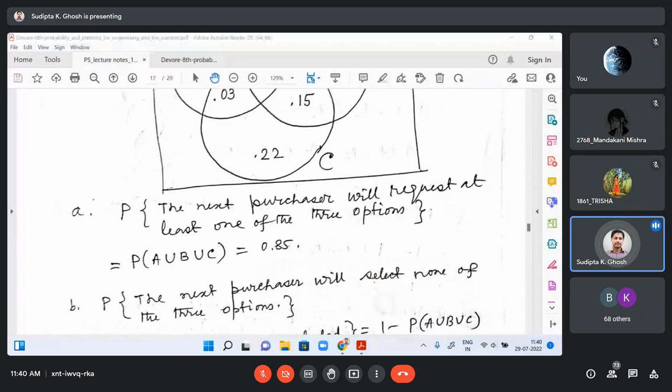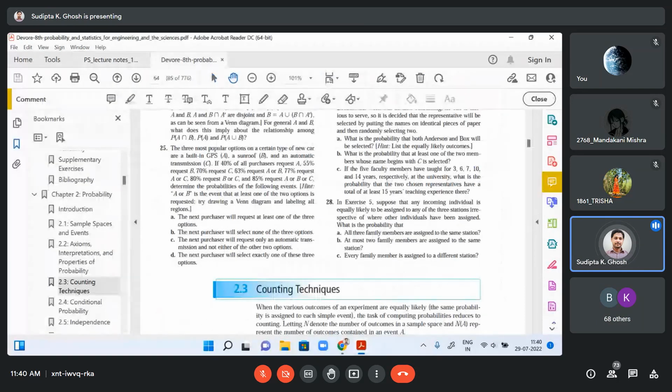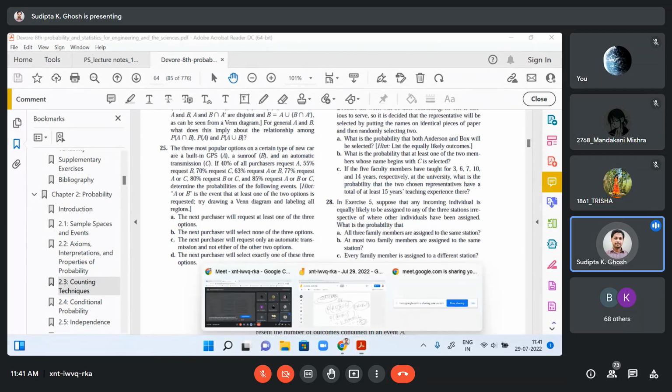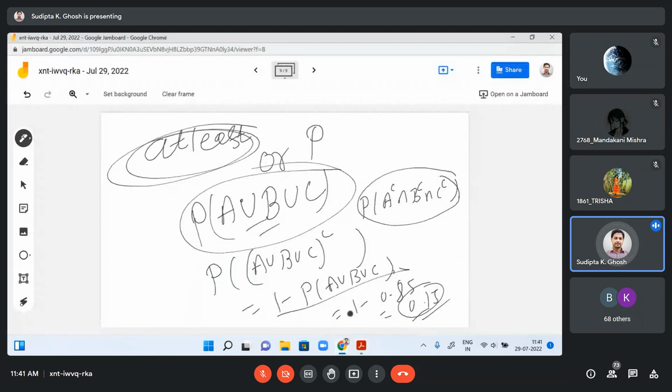Now what is the third question? The next purchaser will request only an automatic transmission and not either of the two options below. The person will request automatic transmission, but not the other two options. What is the probability? Anyone? The person will request only automatic transmission, but not GPS.